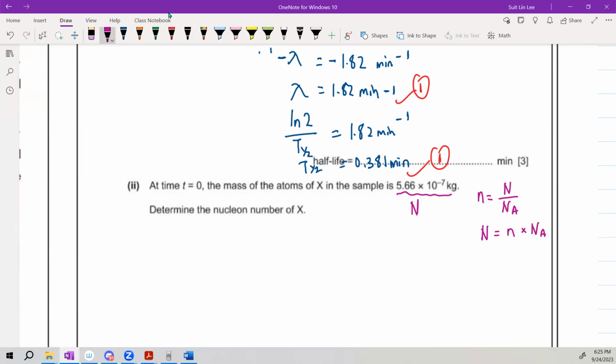I have to bring in mass. The only way to bring in mass is by thinking about what molar mass is, right? Because I want to find the nucleon number. So the nucleon number is also the molar mass, which is basically the mass of 1 mole.